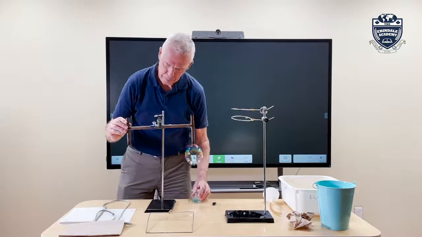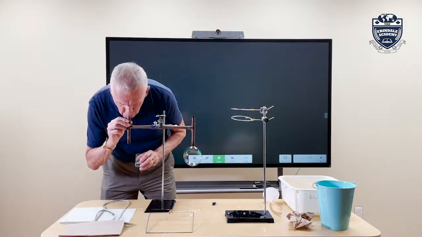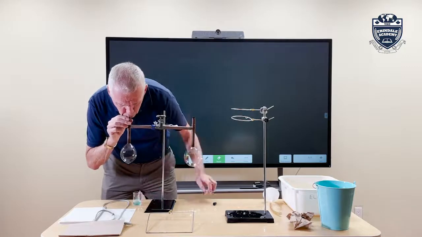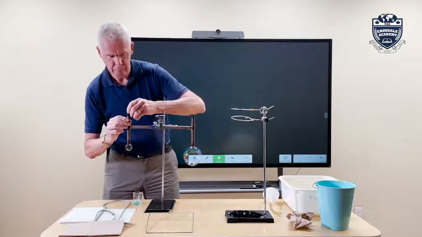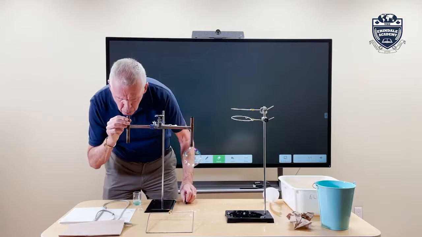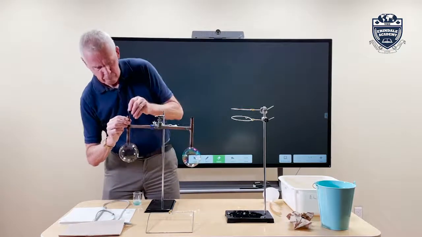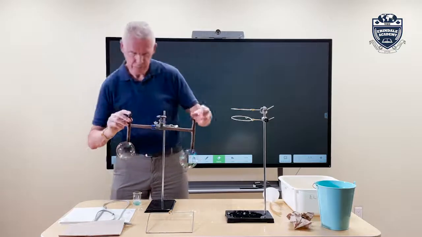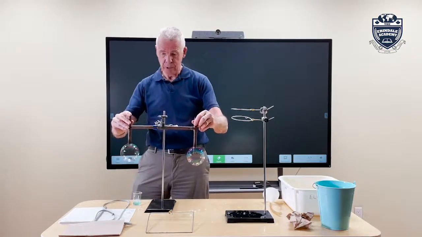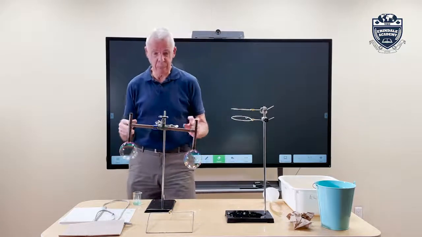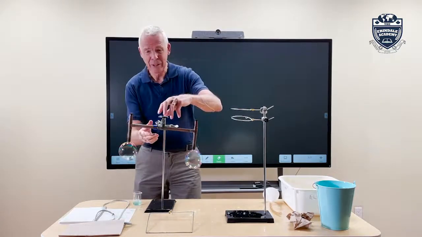Whoops. There we go. Well, they're almost the same. So I think I'm just going to open up this tap, because the pressure can't be exactly the same. So we'll see what happens.